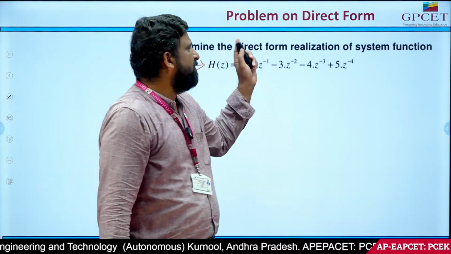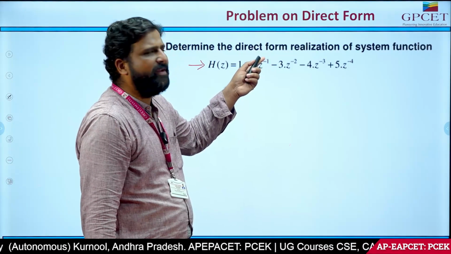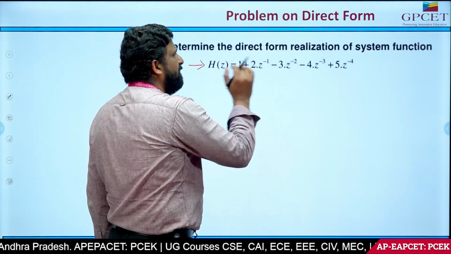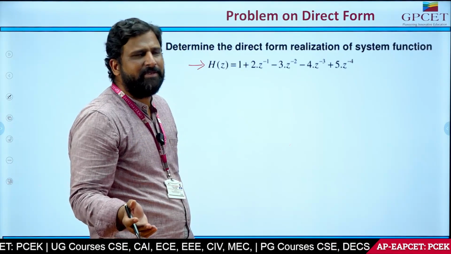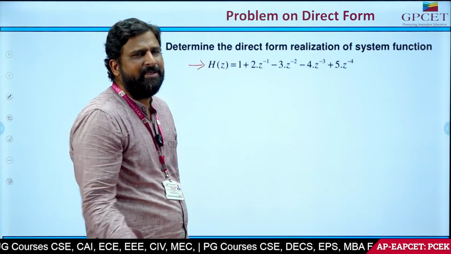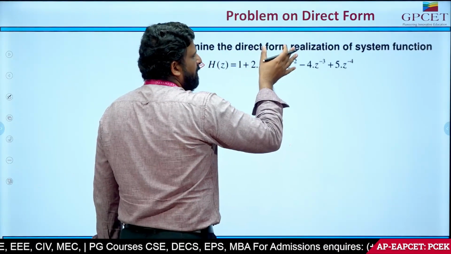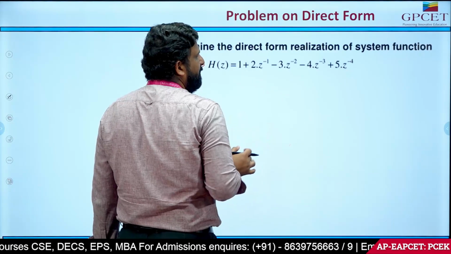When we are very confident in doing this direct form structure, automatically you can do all the realizations coming in the next slides. That's why I am asking you to be very clear and very confident in doing these structures.